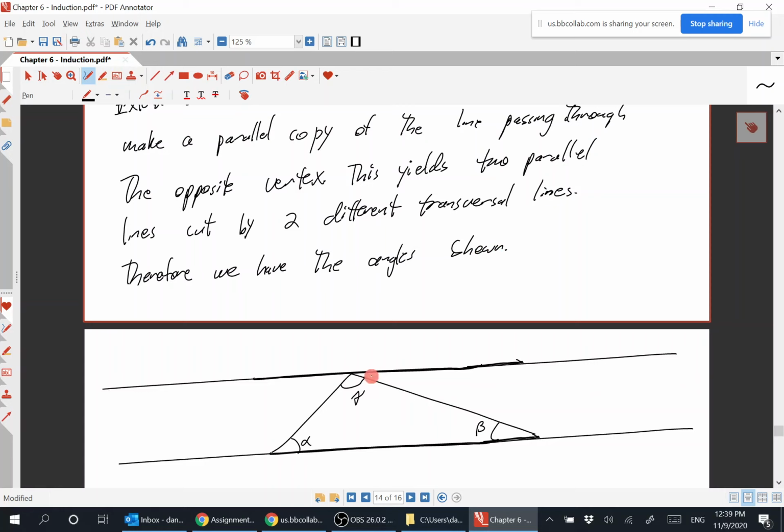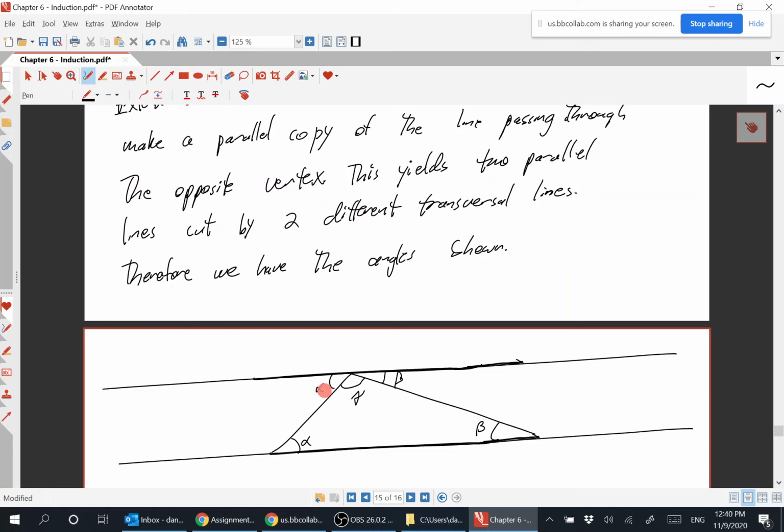So this angle right here has to be beta, right? And this angle right here has to be what? Alpha.